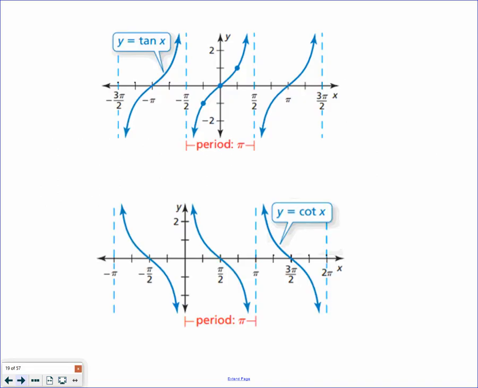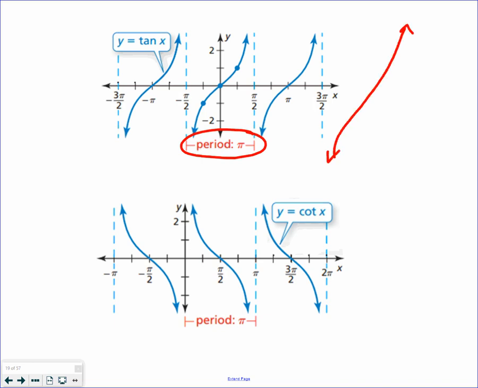Here's what the picture of cotangent and tangent look like. Tangent and cotangent now have a period length of pi. It's important to understand that we're no longer using 2 pi for a period length; we are now using pi. Also, and this is something you're just going to have to memorize, tangent goes from low to high.